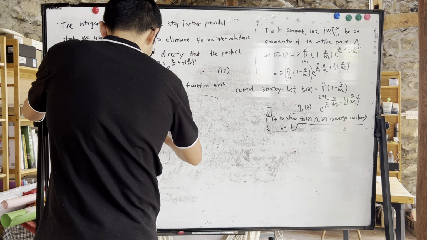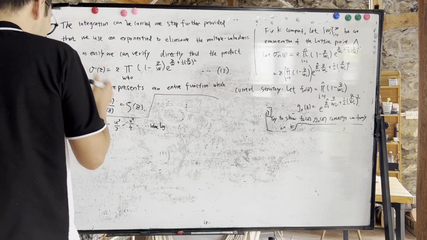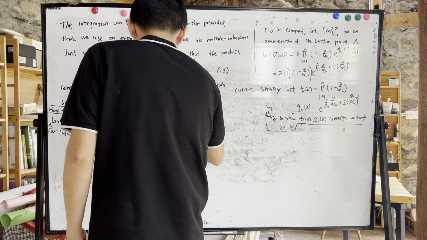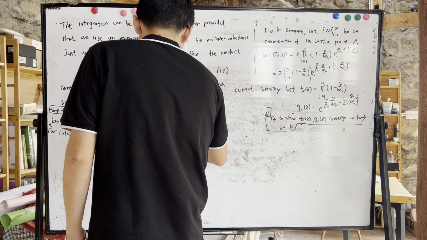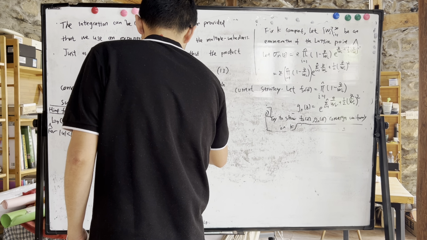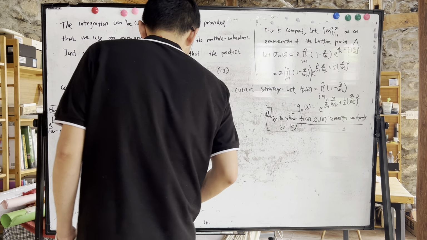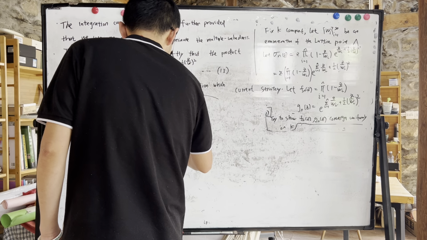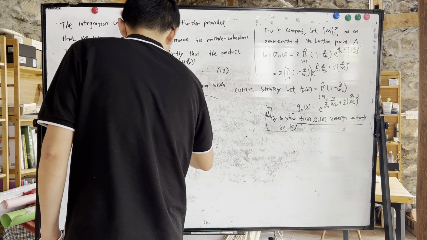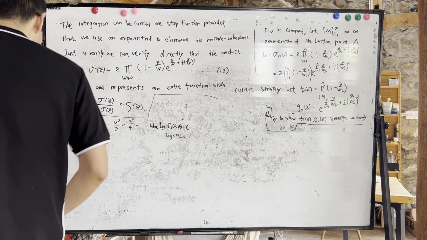So in this case I can just define the log from C take away the ray 0 to negative infinity to C. And we say that log of 1 is equal to 0 for the argument function.